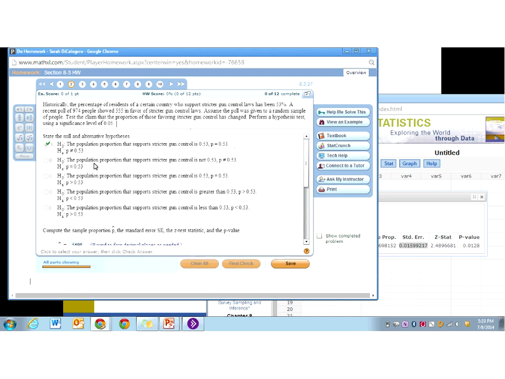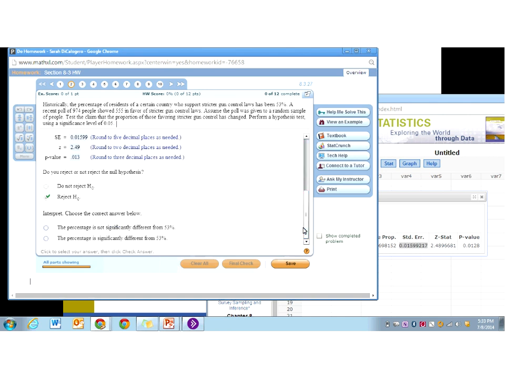Well, what were we testing? We were testing whether or not the proportion that supports stricter gun control is 53% or 0.53, and whether the evidence suggests that it's no longer 53%. So how do we interpret? The percentage is significantly different from 53%.